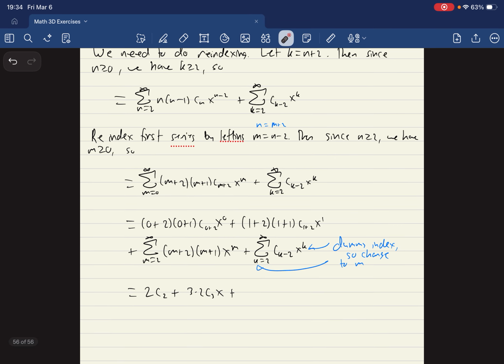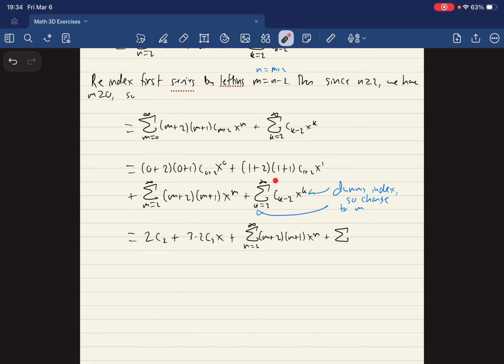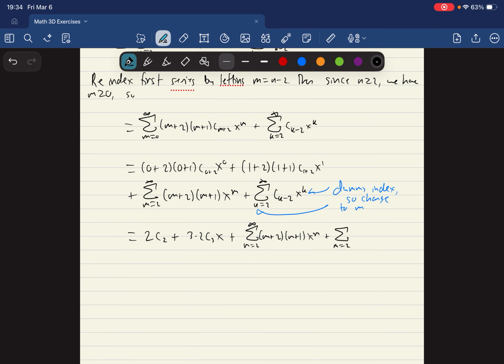Now, it's important to know I'm not plugging in m equals n minus 2 into here. I'm simply going to copy down my first series, m from 2 to infinity, (m plus 2)(m plus 1) c sub m plus 2, x to the m. And then I'm going to copy down this exact same series, but I'm just replacing my k's with m's.